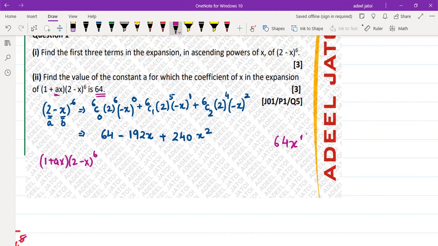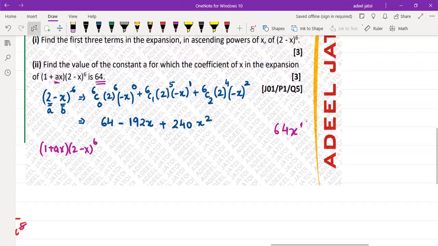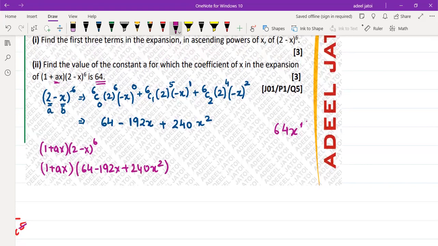So can I say 1 plus ax, if I just write down 64 minus 192x plus 240x square in place of 2 minus x. The reason for that is because obviously when you will need to find out coefficient of x, the coefficient of x is already given here.